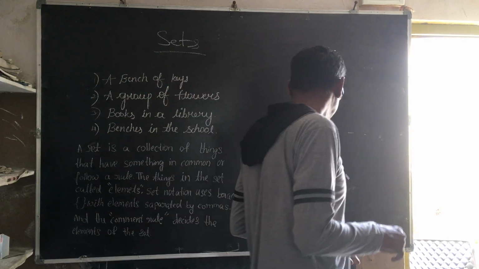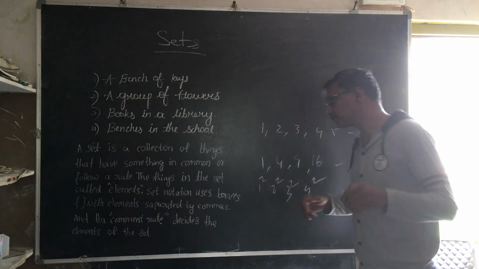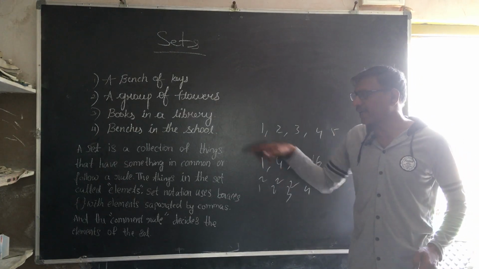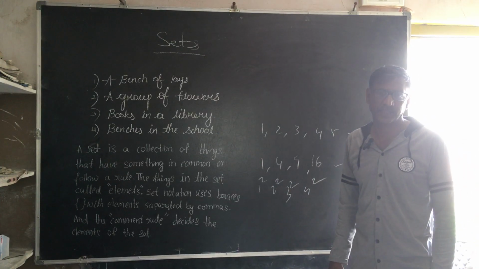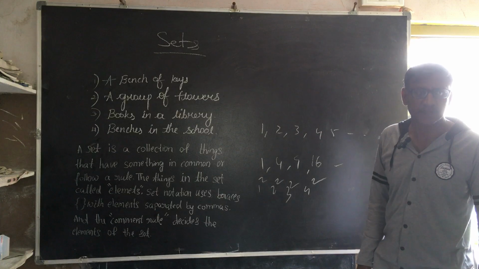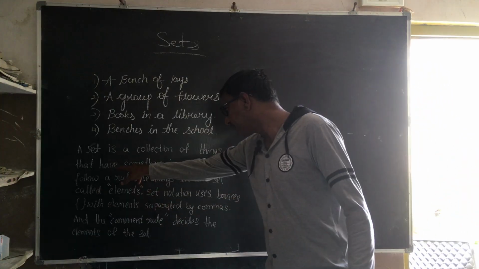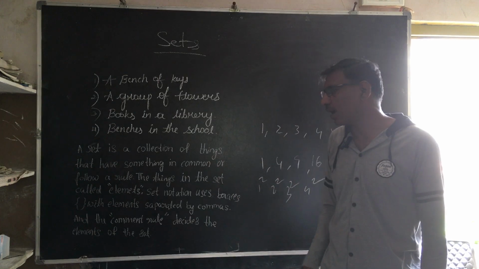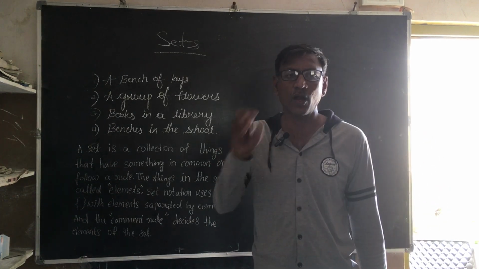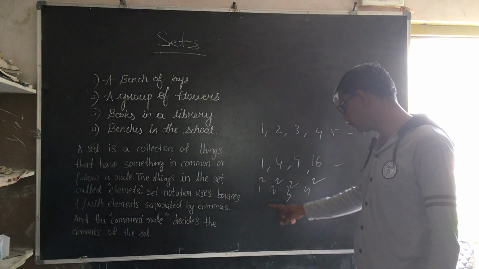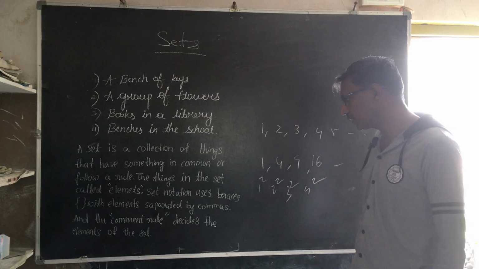Wait a minute. A set is a collection of things. A set is a collection of things that have something common or follow a rule. I told you, they follow a rule.